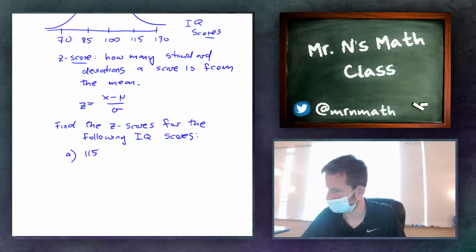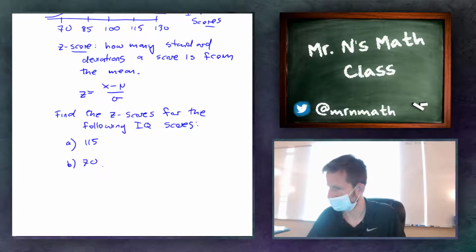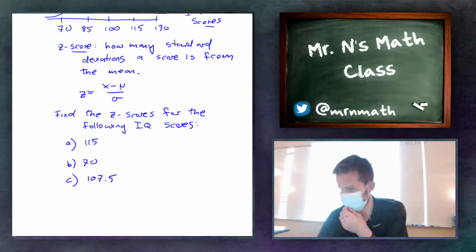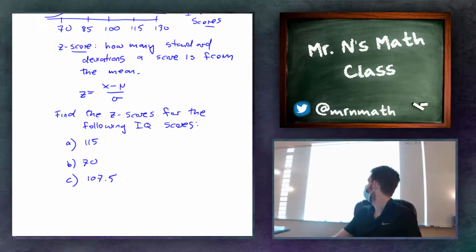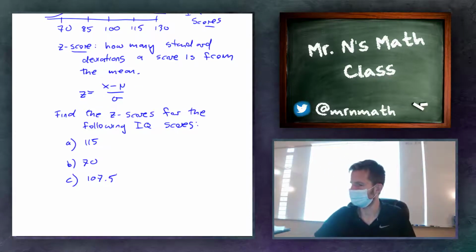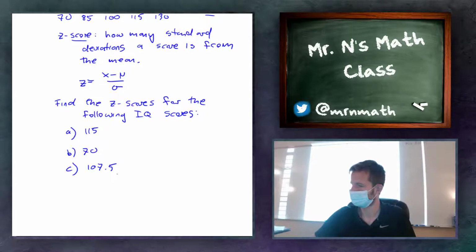For an IQ score of 115, for an IQ score of 70, and for an IQ score of 107.5. So use the z-score formula to find the z-scores when IQ is 115, when IQ is 70, and when IQ is 107.5.